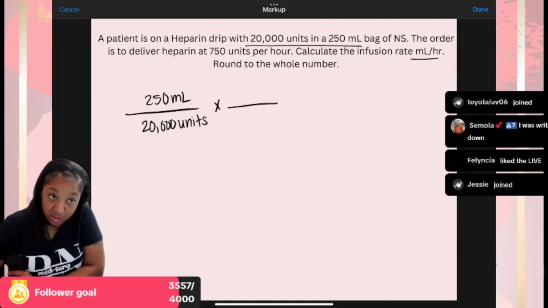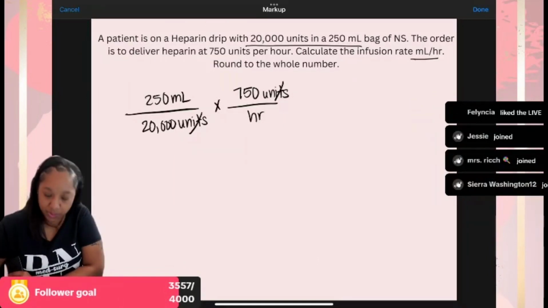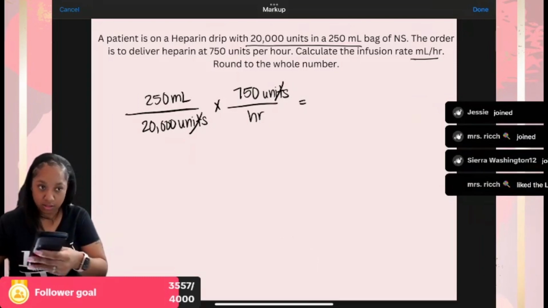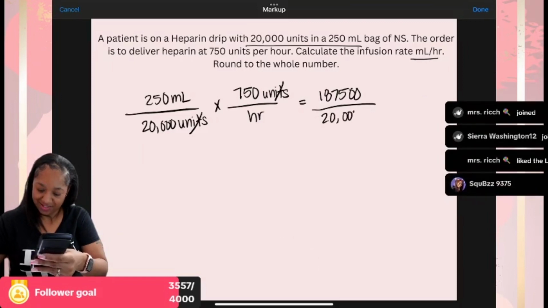We're going to put our units at the top over an hour. And look, that's so short. Boom. Milliliters per hour is what we're left with. So 250 times 750 is that, and then over 20,000 units.